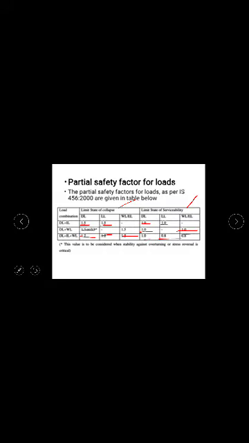So, for designing the structural members, there should be proper design methods. There are three design methods: the working stress method, ultimate load method and limit state method, and you have understood the difference between these three methods, and you have also understood the basic terminology associated with the limit state method. We will continue with another topic in the next lecture. Thank you.